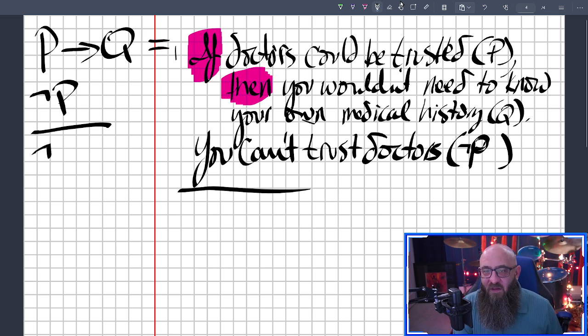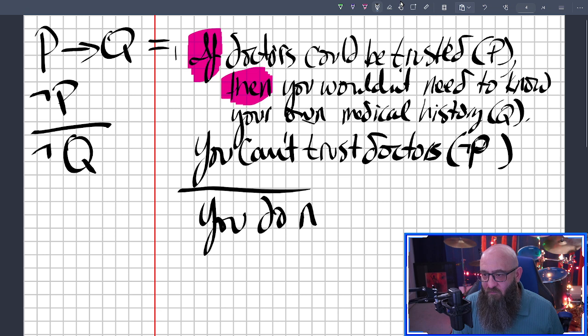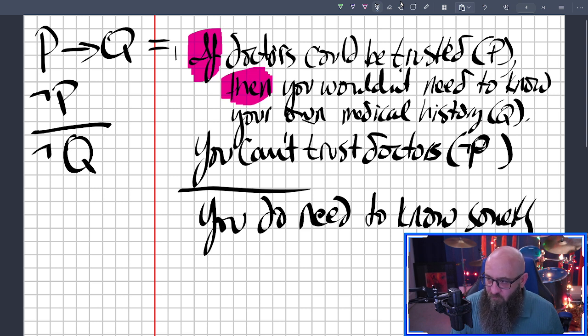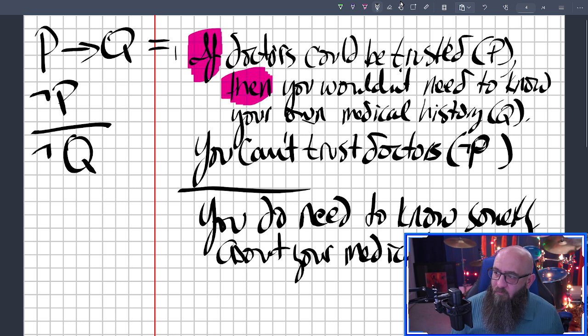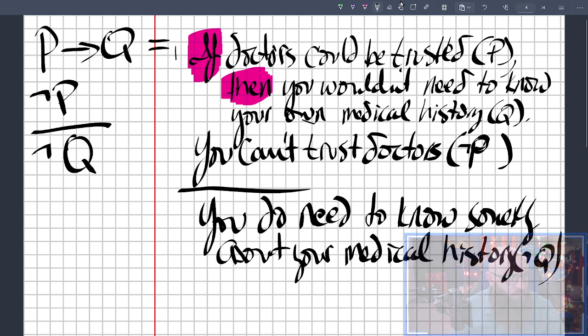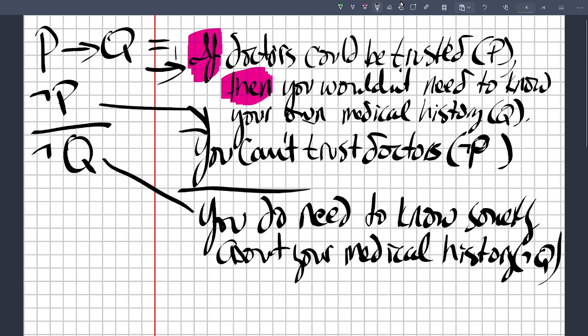Therefore, it is the case something, and that's not Q. Sorry, that's down there, so that points to there, and then that's not Q.